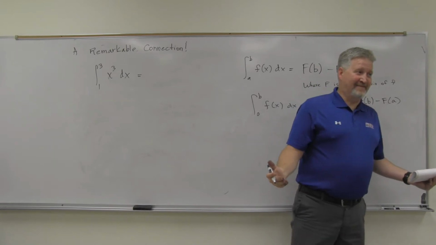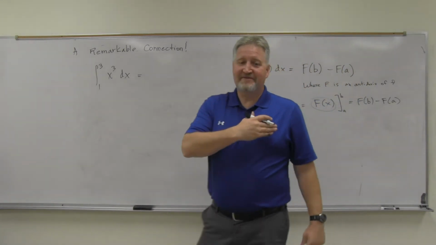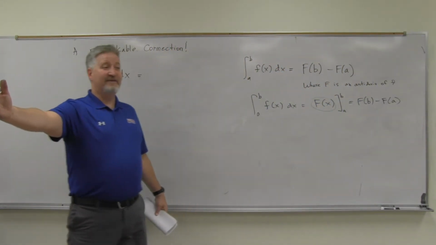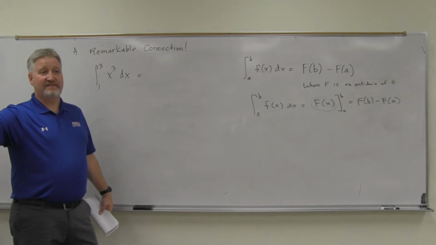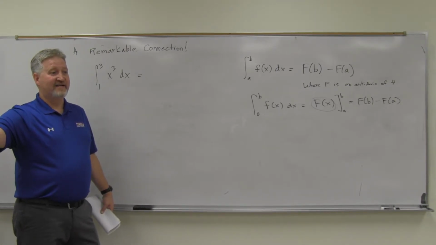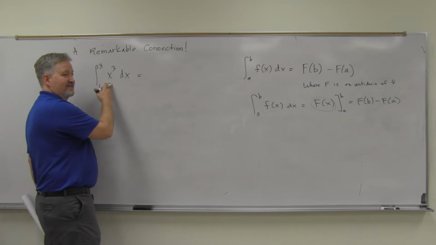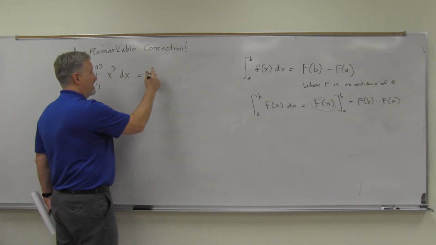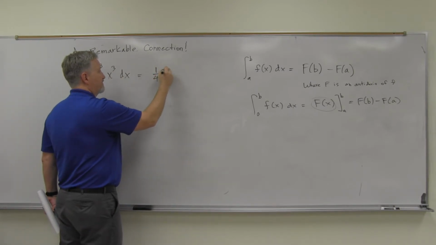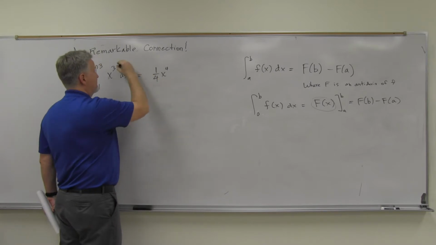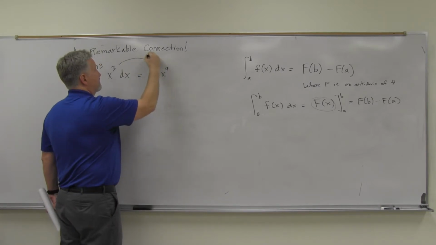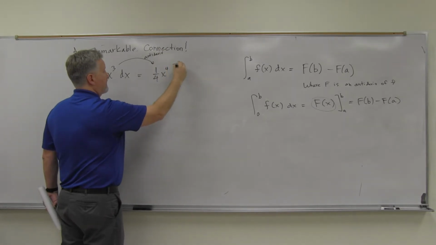Turns out, we don't have to go through that whole limit, n goes to infinity, Riemann sum stuff. This is just going to be 1/4 x to the 4th, c equals 0, because that's the antiderivative. And then evaluate that from 1 to 3.